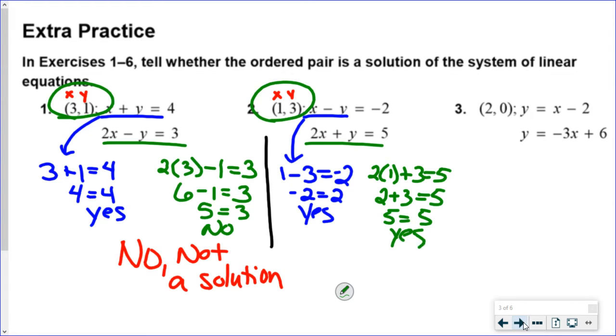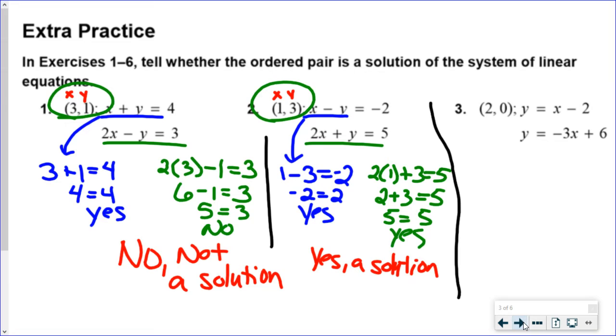Yes. So since that point works in both equations, yes, it's a solution. That ordered pair is a solution to that system. A system, again, just means two or more equations. All of these are two equations.